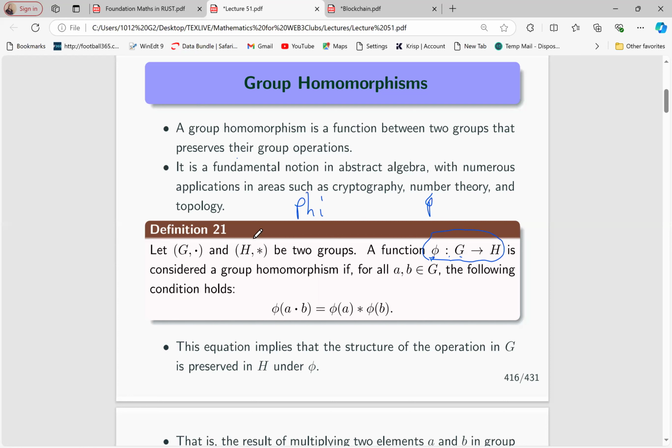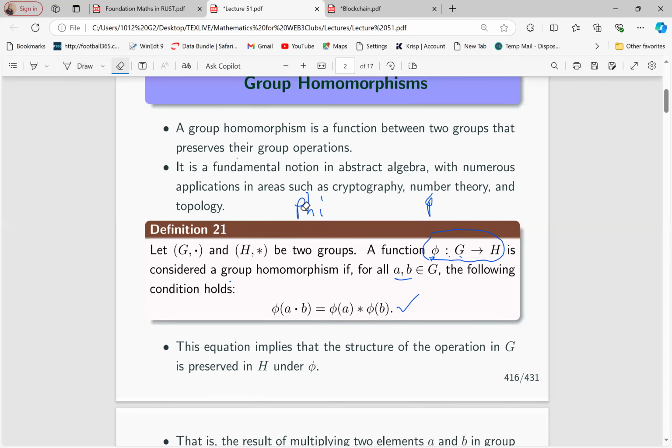The function phi mapping G to H is called a group homomorphism if, for all A and B, these are elements in G, the following condition is satisfied. If this condition is satisfied, we say that this phi is a group homomorphism.